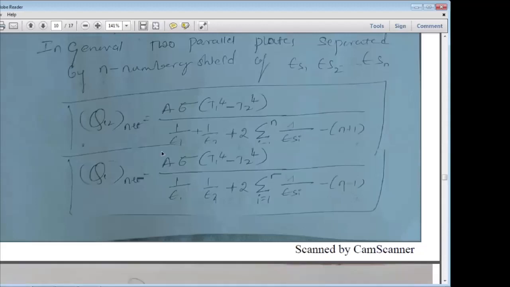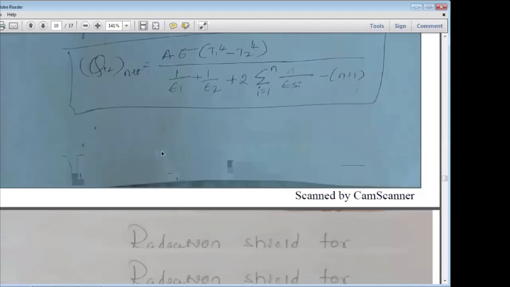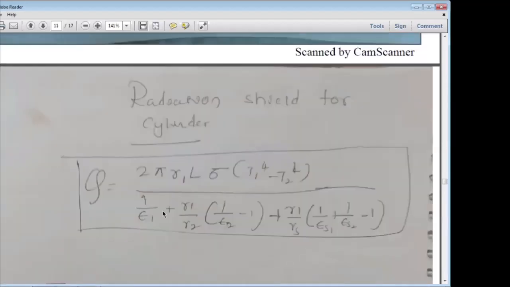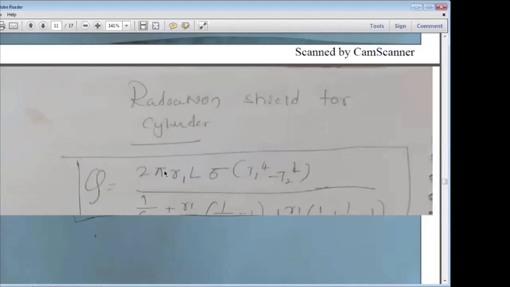Similarly, if a radiation shield is inserted in a hollow cylinder, you can calculate the net heat transfer using these equations.